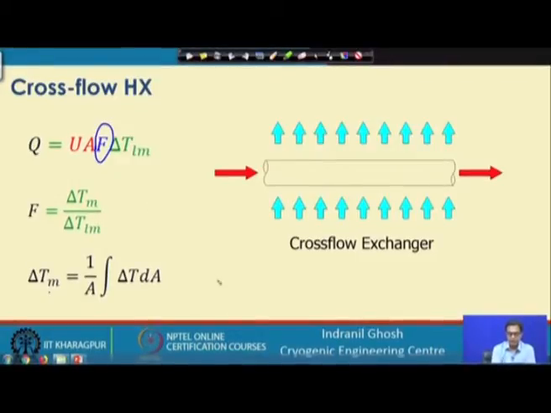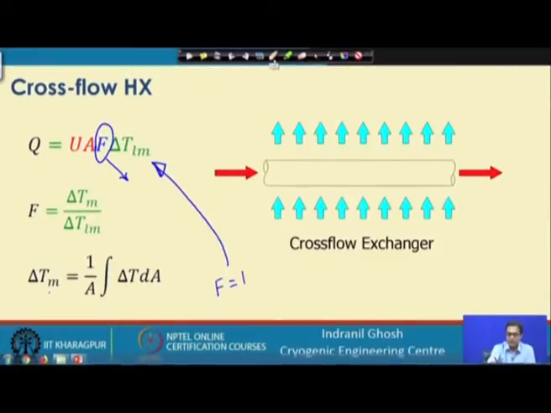In the case of counter and parallel flow heat exchangers, F was taken as 1, and if we put that relation here, this relation is valid for the counter current and the co-current heat exchanger. But as we are going to talk about a cross flow heat exchanger, we see that this will become less than 1.